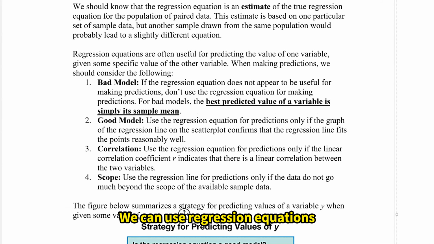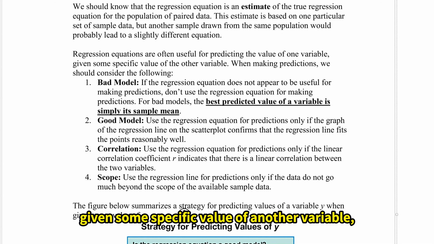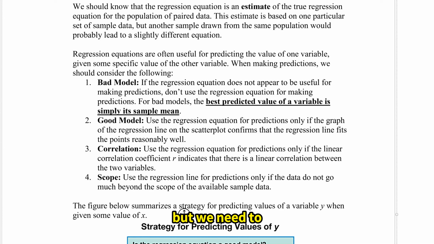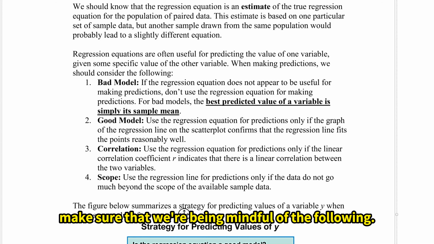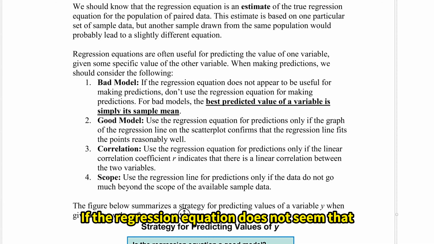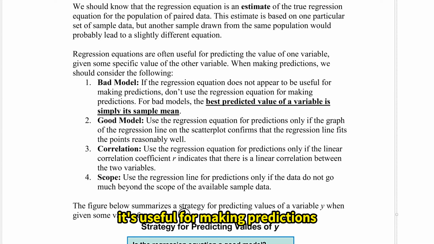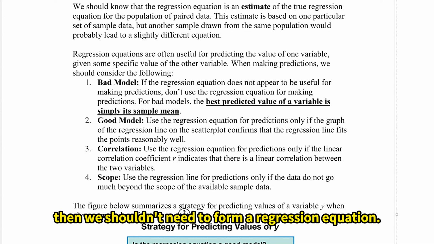We can use regression equations to predict the value of one variable given some specific value of another variable. But we need to make sure that we're being mindful of the following. If the regression equation does not seem that it's useful for making predictions, don't use it. If we try to get a linear correlation and there's not a linear correlation, then we shouldn't need to form a regression equation.